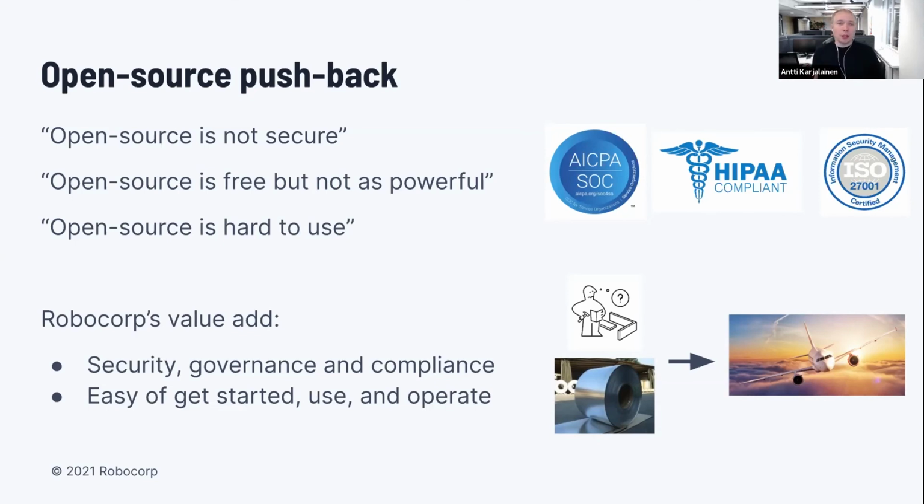We took something which was existing, Robot Framework, and when we took it, it was basically like a bunch of IKEA instructions and a sheet of metal, but the customer expects to have a ready to fly plane. So we want to have something that's easy to get started with and easy to use when we offer it to our customers, even though that's open source. And a lot of the value add in open source companies like us are going to be around security, governance, compliance, ease of getting started using and operating. It's kind of 101 open source, I think.